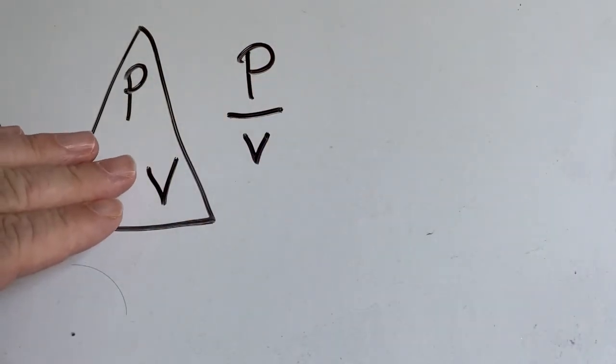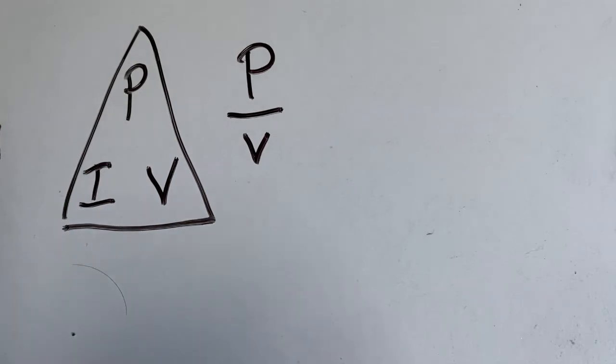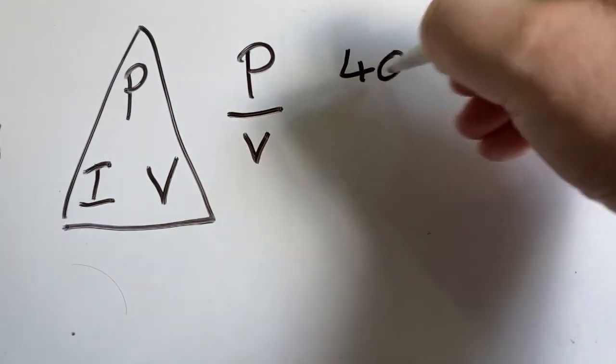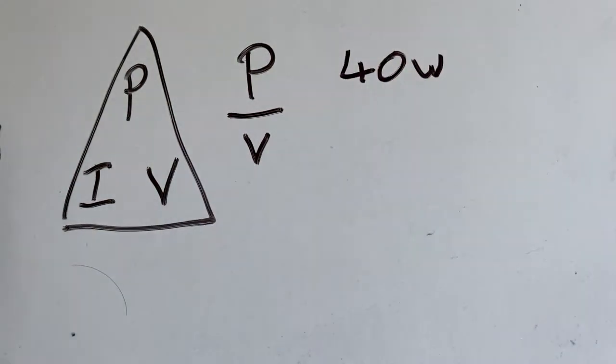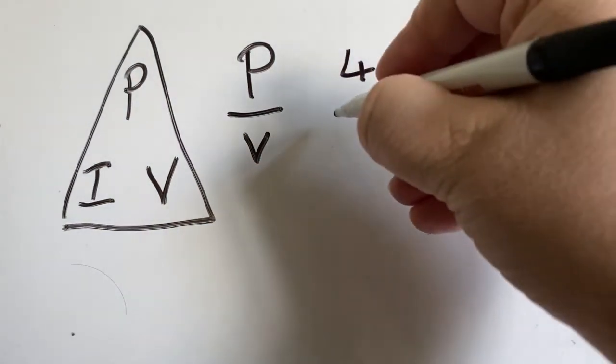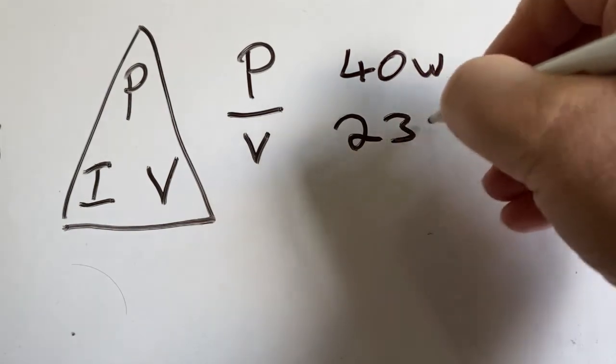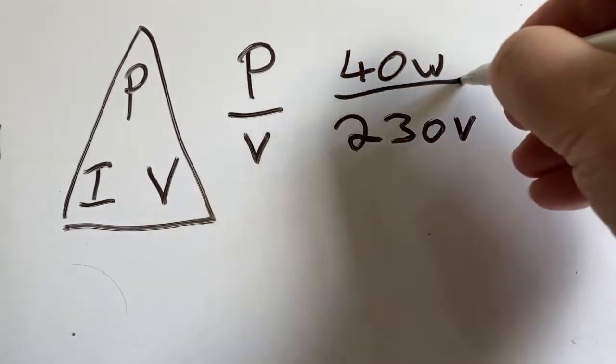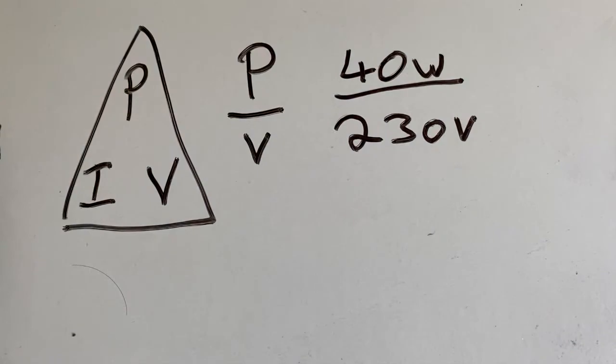So let's look at the values. Now we know the power is 40 watts, from the little sticker on the inside of our lamp. And we know the UK mains voltage is 230 volts. So we want 40 watts divided by 230 volts. For that we turn to our trusty calculator.